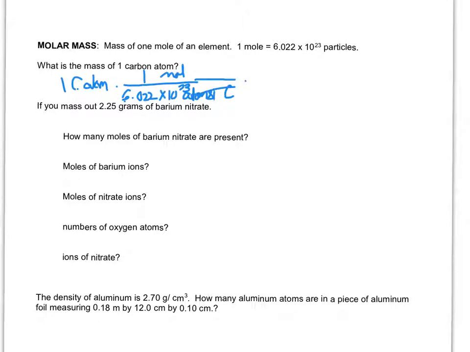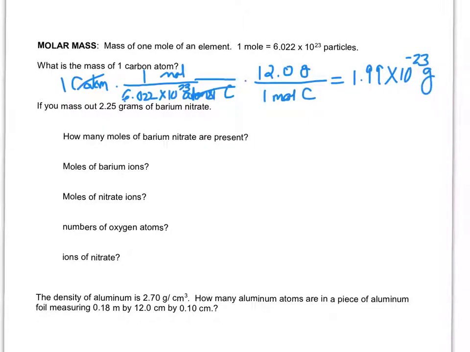So my atoms of carbon cancel, I get to moles, and then I say 1 mole of carbon is 12.0 or 12.01 grams, depending on how many sig figs you need there. And so that gives me 1.99 times 10 to the negative 23rd of a gram.